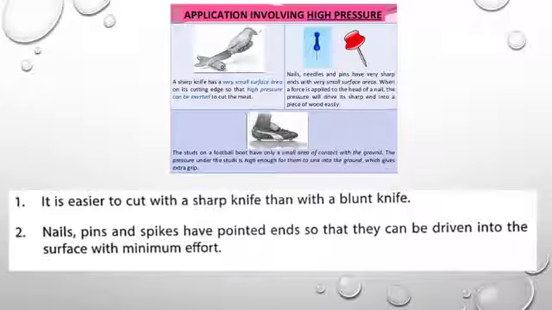It is the same in the case of studs on a football boot. They have a small area of contact with the ground. The pressure under the studs is high enough for them to sink into the ground, which gives extra grip and prevents players from slipping on the ground.